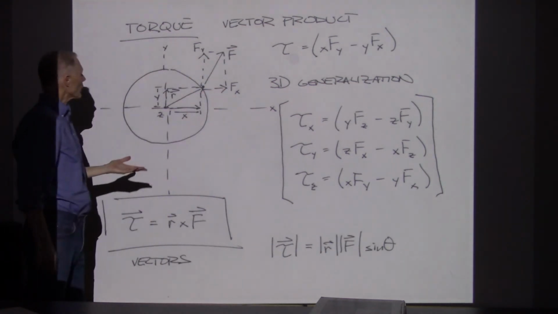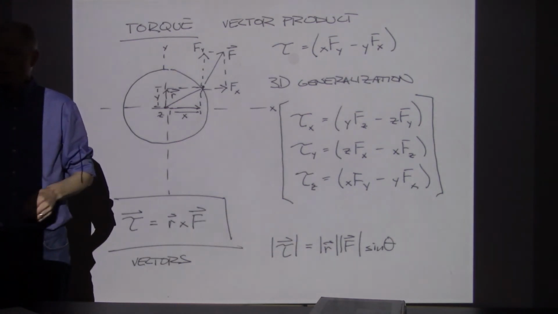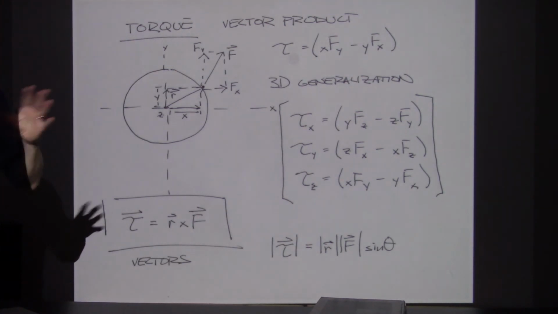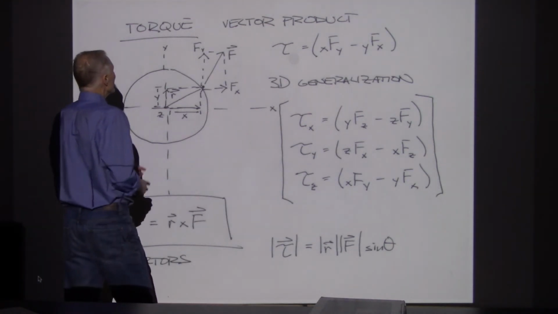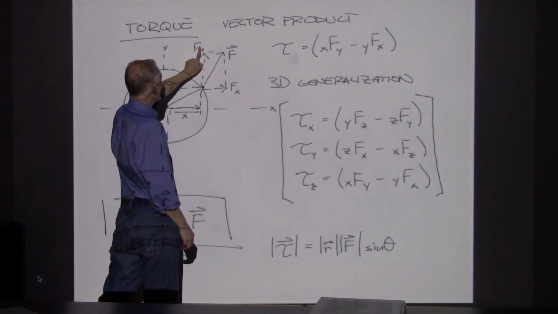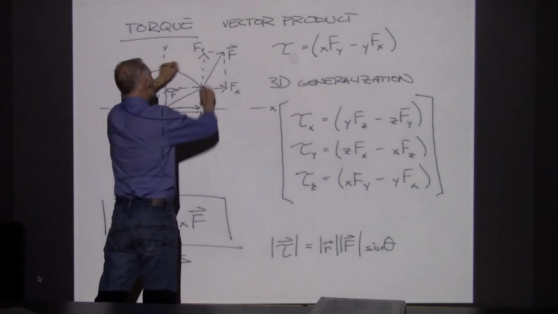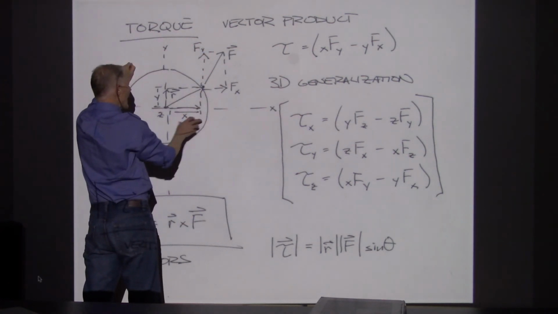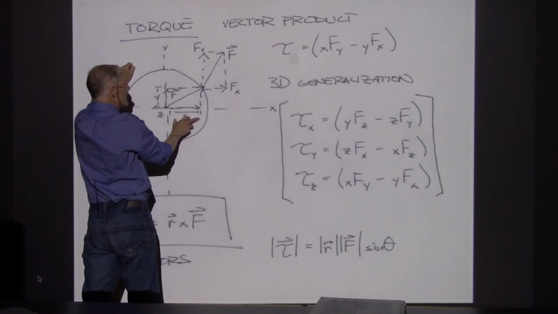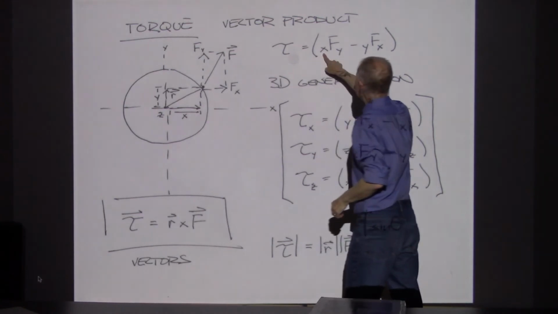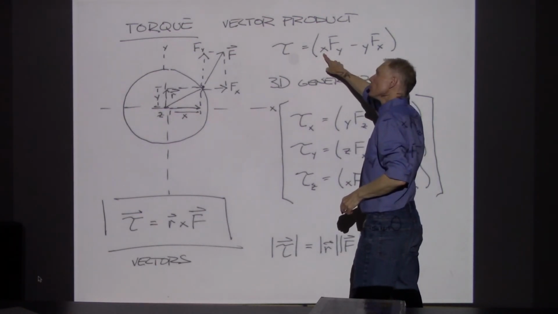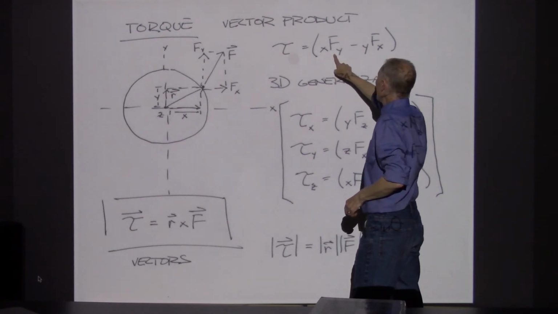Well, from this picture, if you were asked back in chapter 10 how much torque is going on, you could match these things up, right? You could say, well, there is a force component in the y direction, and if I follow that force back, it has a lever distance of x. So there is a torque that is the x component of the lever vector, the r vector, times the y component of the force.